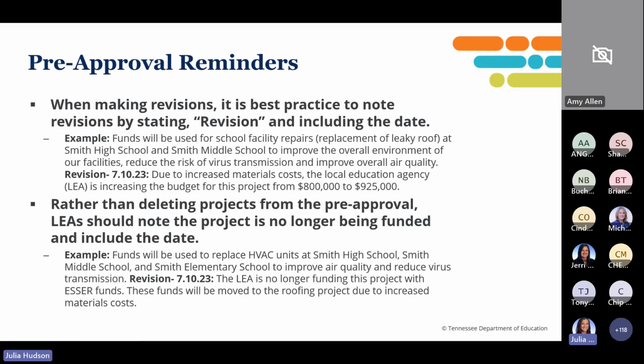You can change that amount to 0, and for whatever reason you have, you can just let us know that this is no longer going to be funded with ESSER funds. We know that some things have come up with supply chain and costs have changed and things like that. So we know this has happened quite a bit, but we just ask that you leave that information and just note that it's not going to be funded through ESSER anymore.